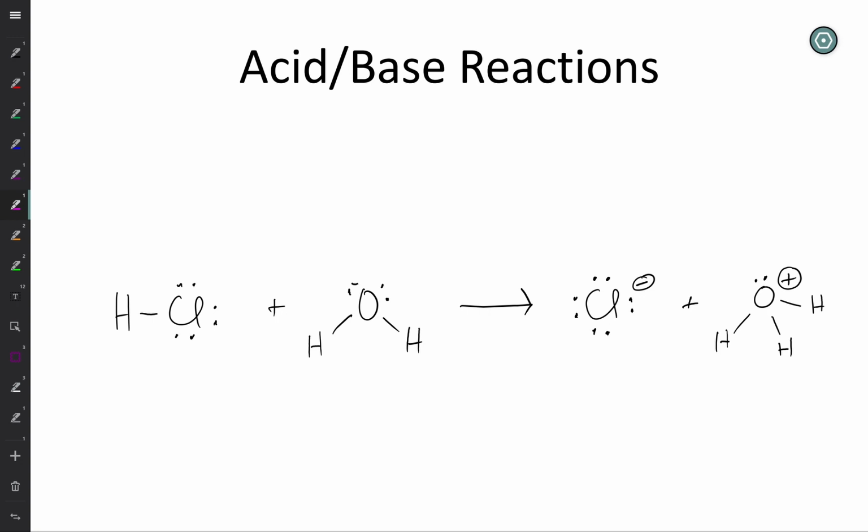So I want to start by just defining. Today is going to be a lot of definitions. I apologize for that. And then we'll get into more chemistry explanations later. But I want to start by defining acid-base reactions. Acid-base reactions are reactions where an H plus ion gets passed from one molecule to another.